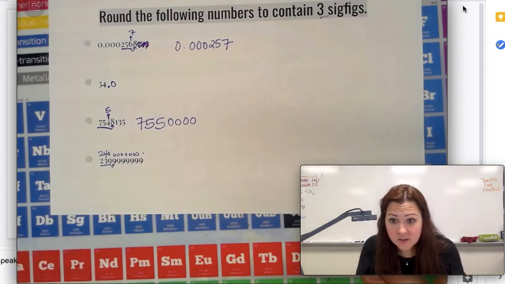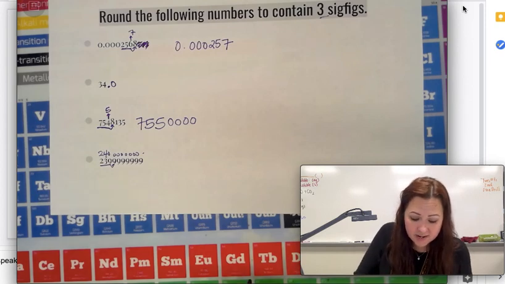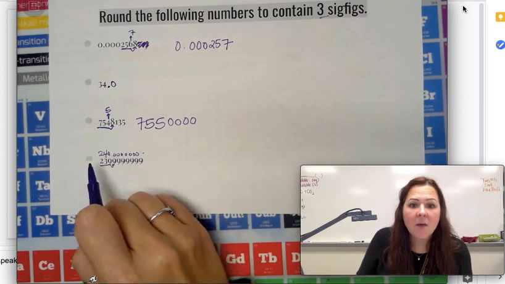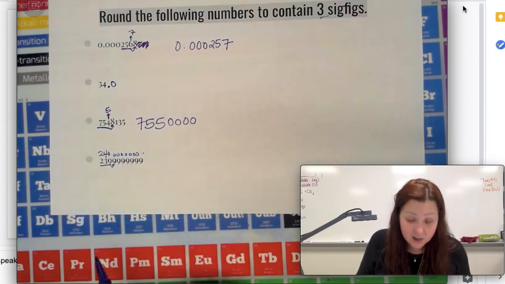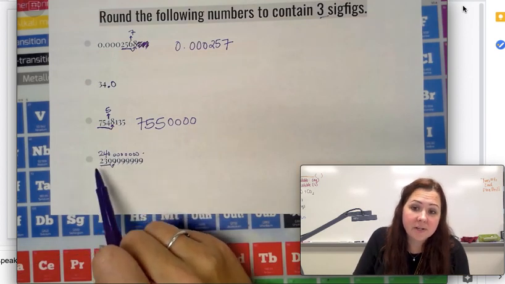95% of the time, probably 98% of the time, you're not going to have to do this. However, sometimes you're going to get an answer from your calculator and you'll think, I can't get the right number of SigFigs, I'm going to lose those points. What you actually do here is put it in scientific notation.